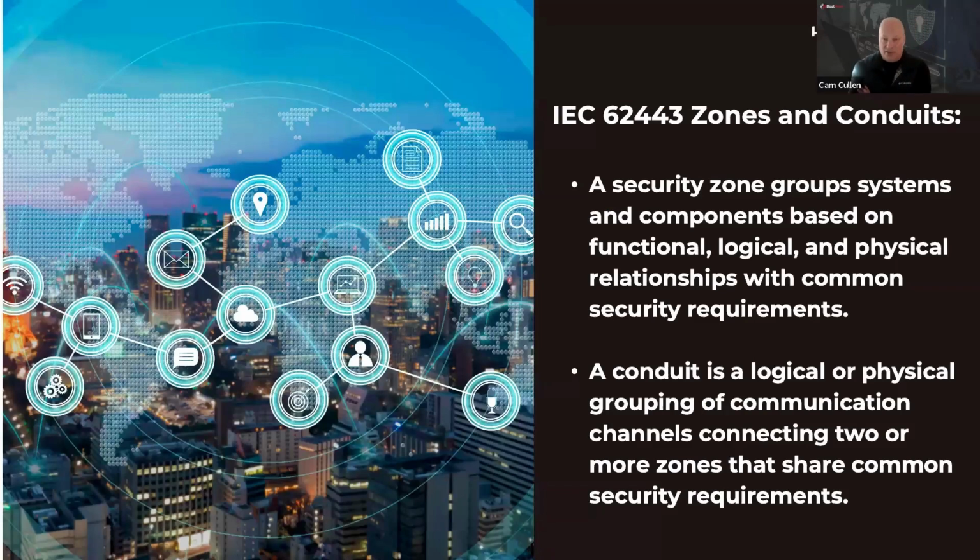For those that haven't read the IEC 62443 specification, the concept put out in there is something called zones and conduits. A zone basically says, I'm going to group the systems that need to talk to each other, whether from a functional, logical, physical, safety, security, et cetera perspective, into a common group so that I can allow them to talk.